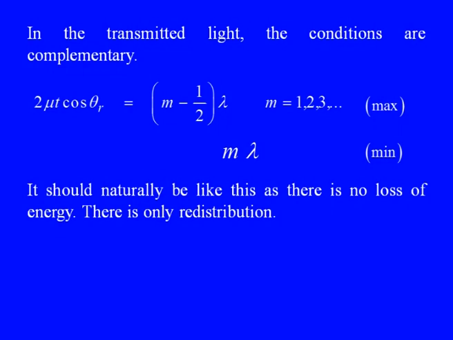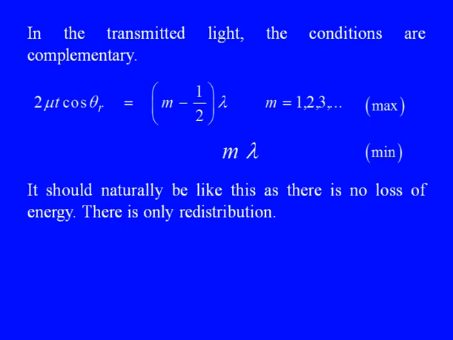In the transmitted light, the conditions are complementary to the conditions in the reflected light. So, here that additional factor of π is not there. And that is why we have the conditions that 2μt cos θr is equal to mλ for a maximum, and the other condition, with (m − 1/2)λ, is for a minimum.